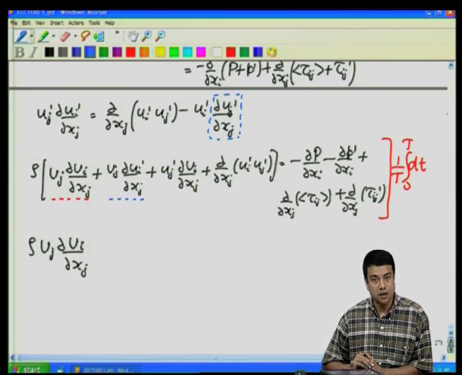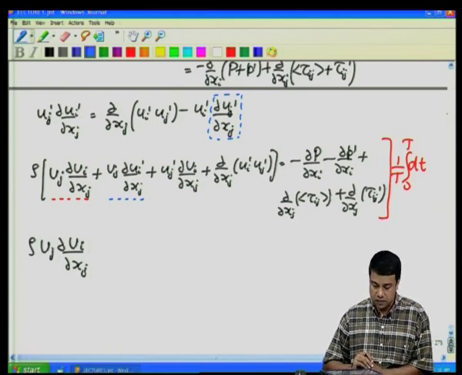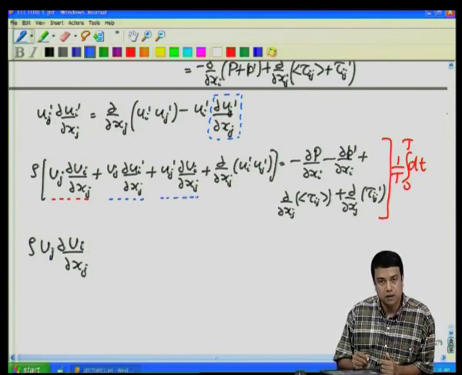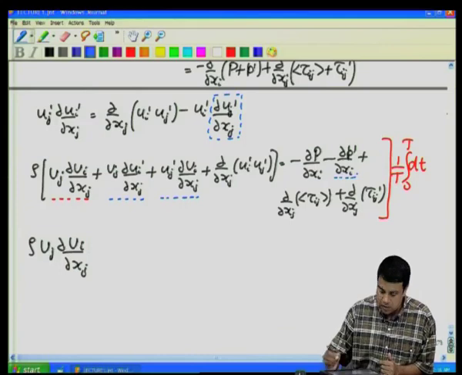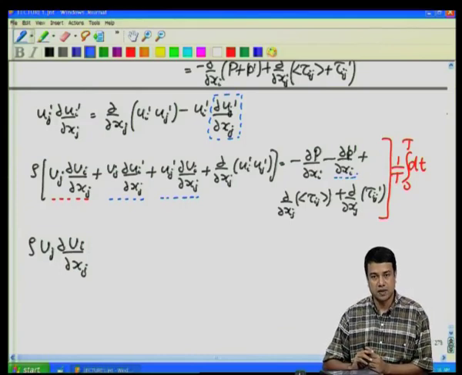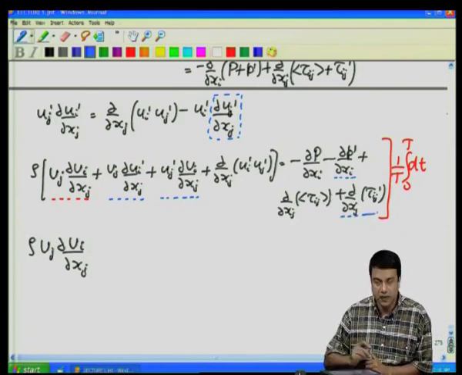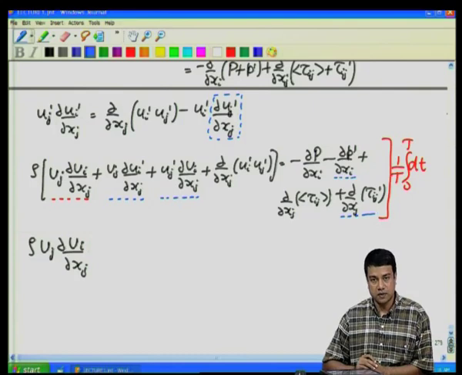So, all terms that are linear in the fluctuating quantities will end up averaging out to 0. You can see this term is linear, the pressure gradient term is linear, partial p prime by partial xi. P prime was defined such that its time average is equal to 0. Similarly, this term is also linear. All of these terms will average out to 0.